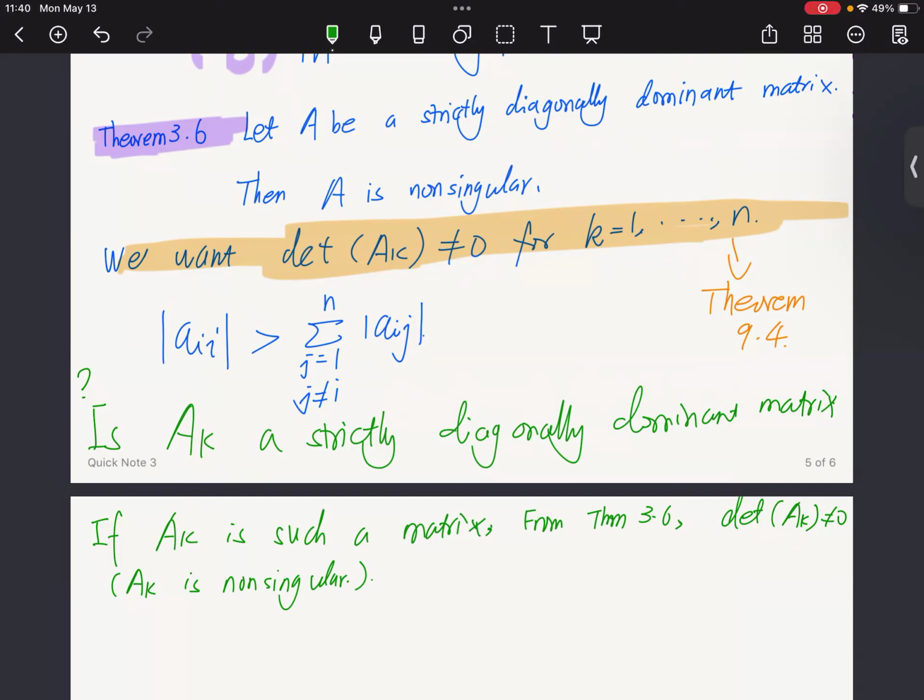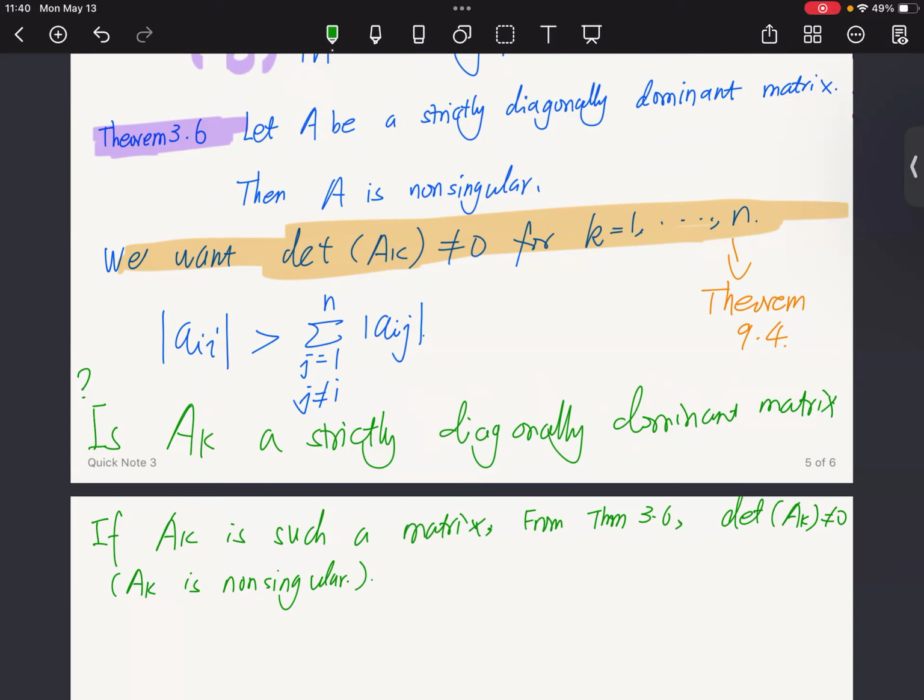So here the question is: if A is strictly diagonally dominant, is A_k a strictly diagonally dominant matrix? This is the top left k by k matrix, the square on the top left.